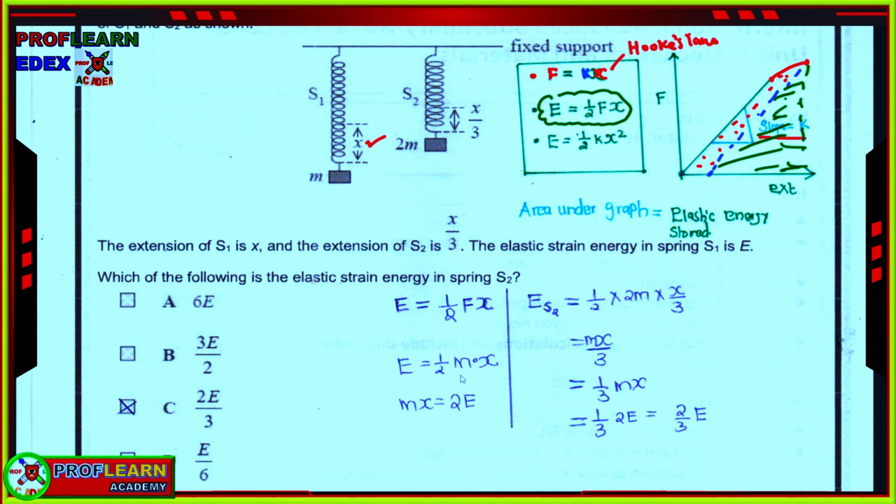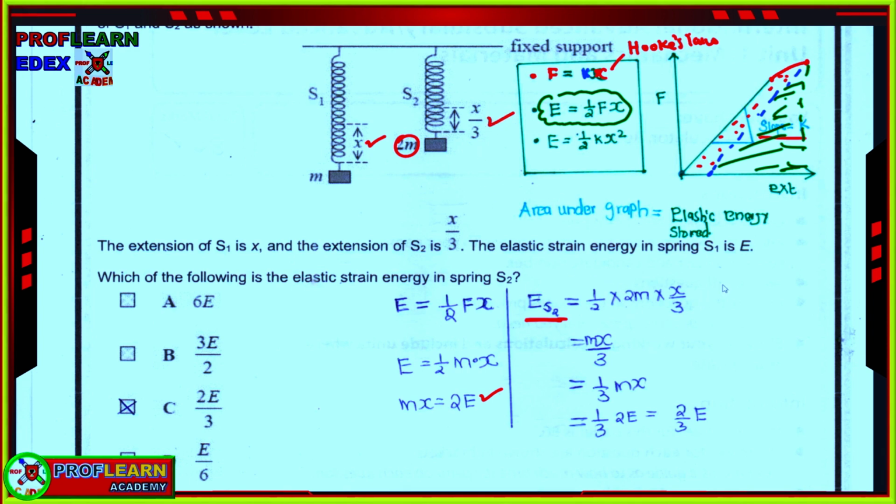So from this first equation, we can rearrange and say that mx equals 2E, because you multiply both sides by 2. Then we go and work out the energy for S2. For S2, our force now is 2m, and the extension is x over 3.